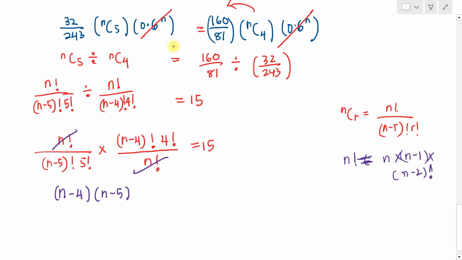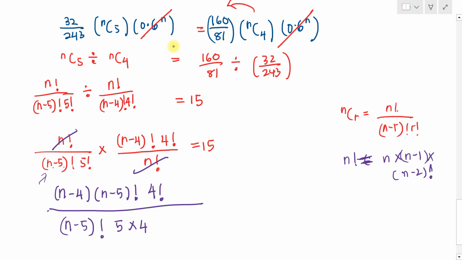I could go on to n minus 6, n minus 7, but I want to stop at n minus 5 so that I can cancel them. And then 4 factorial, let it be there over this part, n minus 5 factorial. And then 5 factorial, you can expand 5 multiply 4 multiply 3, 2, 1, but I want to stop at 4 factorial so that I can cancel up and down. Cancel, cancel, cancel.